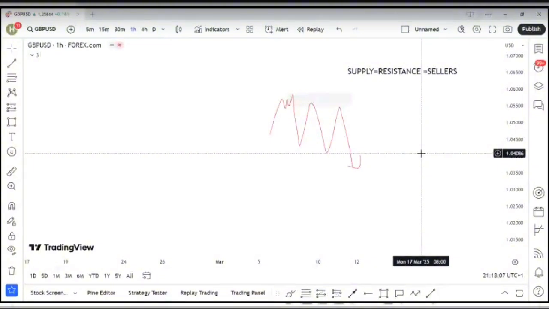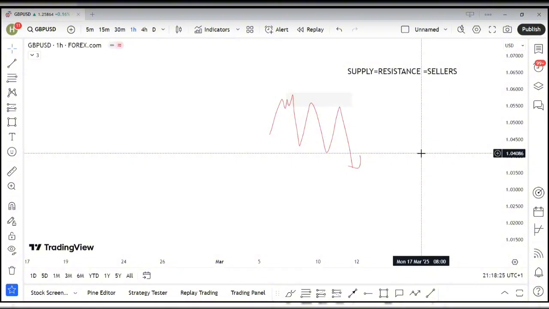So how do we know if a demand zone is valid? If you want to identify your demand zone or supply zone, you need to follow the market trend, after a break of structure.